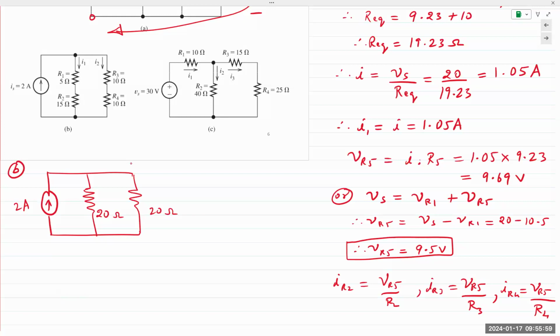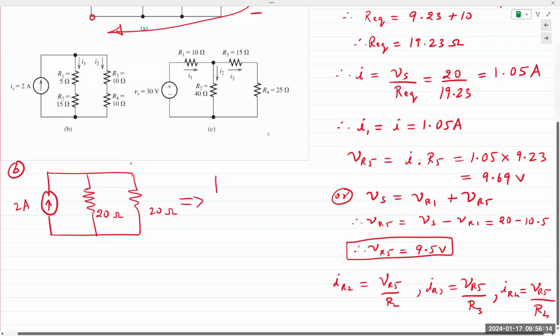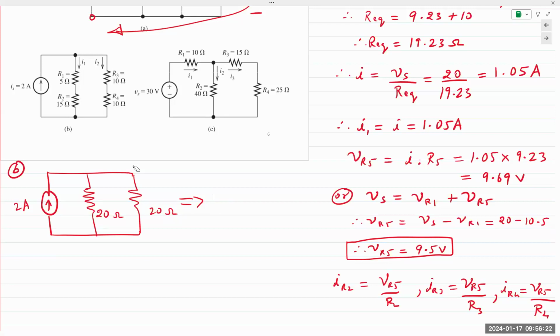So in this case, 20 is in parallel with 20, two resistances, 20 divided by 2, 10. That is the answer. And you can try that with any number of resistors. Let's say you have 3 20 ohm resistors in parallel. The answer would be 20 divided by 3.